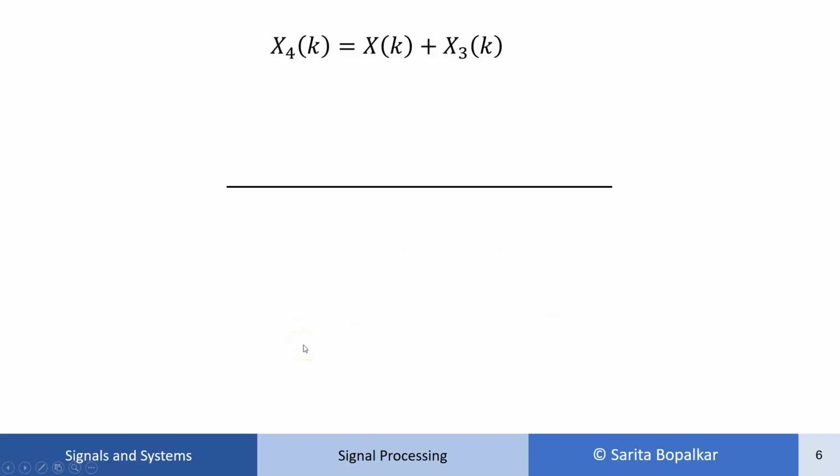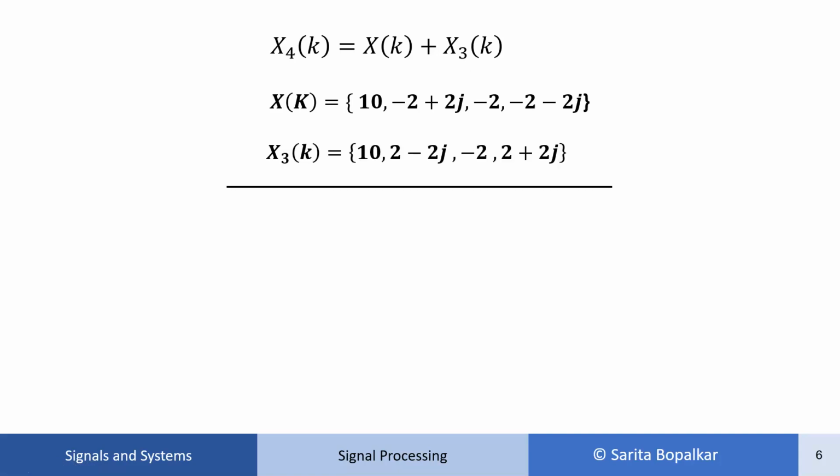So X4 of k, the DFT, is X of k plus X3 of k. X of k we have calculated by the matrix method, and X3 of k by applying the time shifting property. Now here we can add it. 10 plus 10 is 20. Minus 2 plus 2j, and here 2 minus 2j.